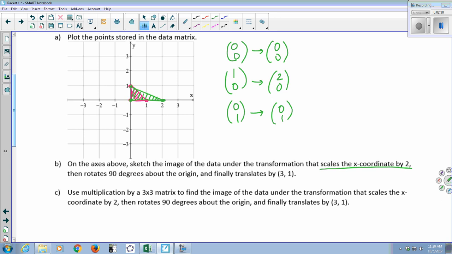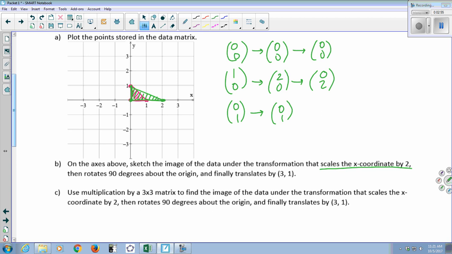Then I'm going to rotate that triangle 90 degrees about the origin. So it's going to flip up. So I'm just going to say, okay, where does 0, 0 land if you rotate it 90 degrees about the origin? It stays at 0, 0. 2, 0, if you rotate that 90 degrees, it's going to land at 0, 2.